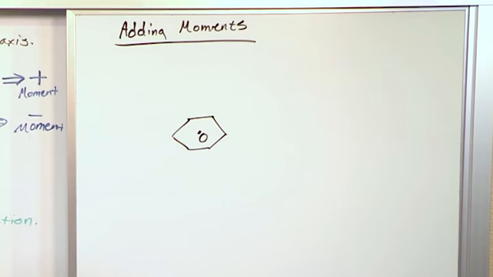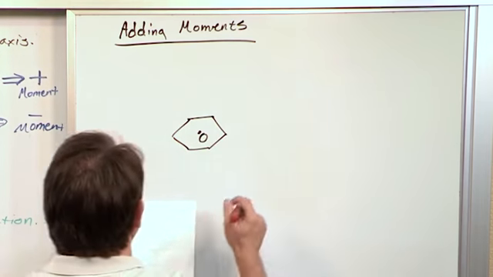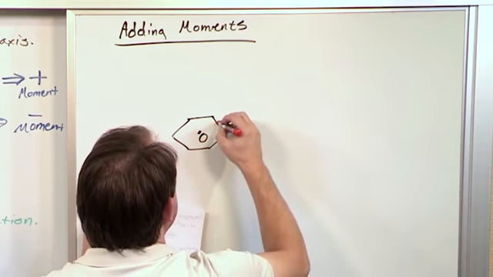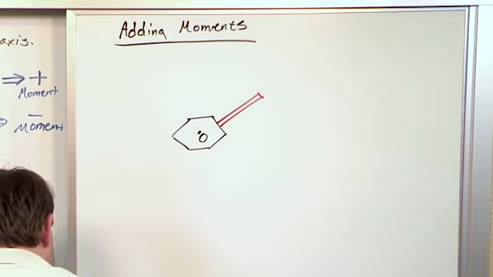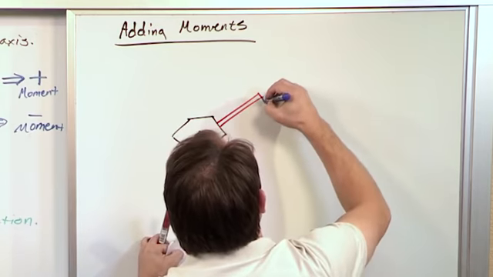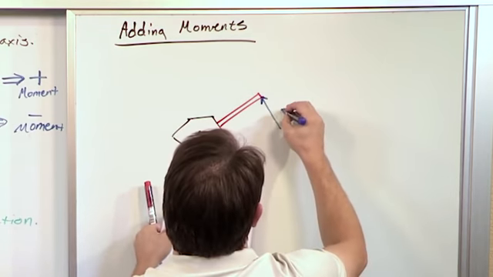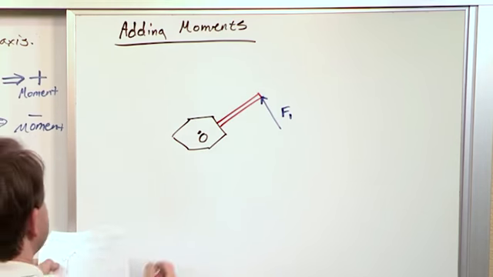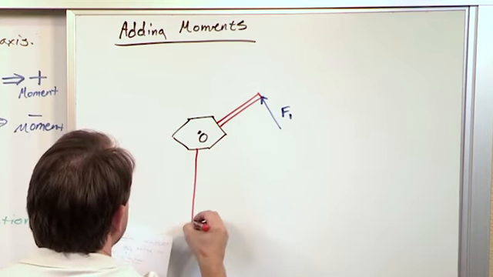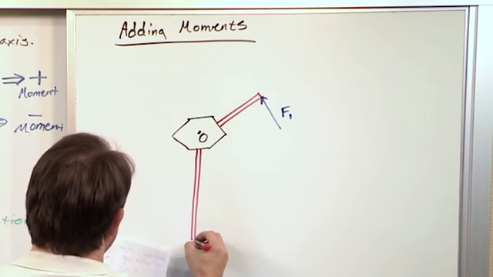All right, so let's say attached to this, I have a piece of wood or a piece of steel or something that I've welded there, okay? And at the end of this guy, I'm acting with a force that's pointed like this, and I call this F1, okay? And then also down at the bottom, I attach another piece of steel or something much, much longer, okay?